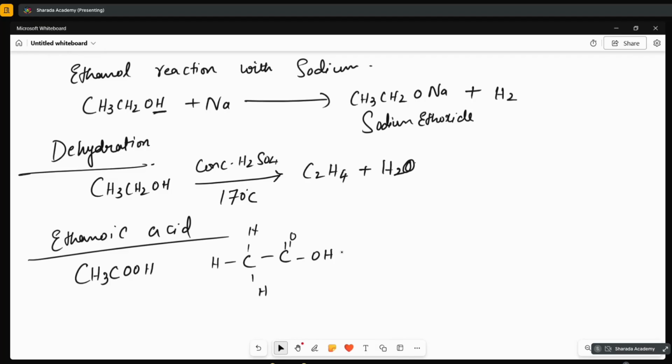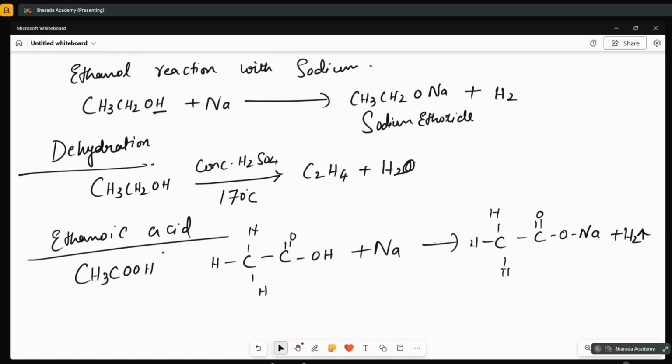Now, how does it react with sodium? What happens? Reaction with sodium. 1 hydrogen is replaced by sodium. So, what will you get? That's all. So, what else is remaining here? Hydrogen gas, so H2.